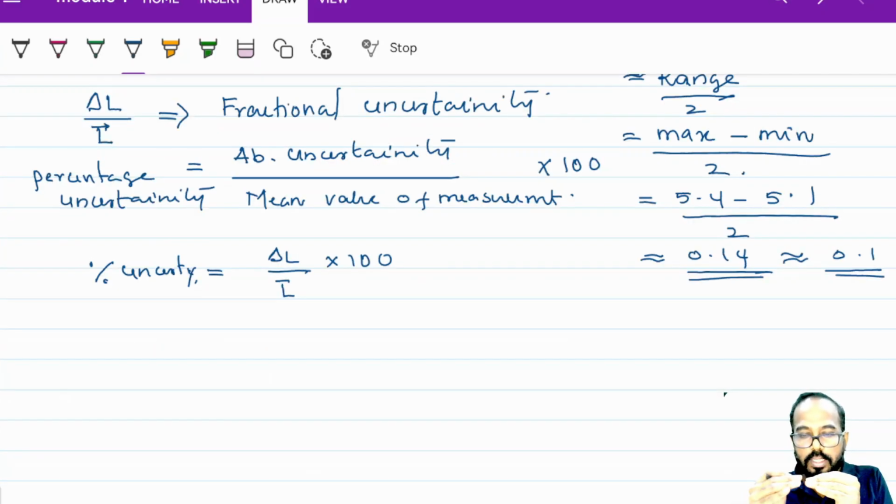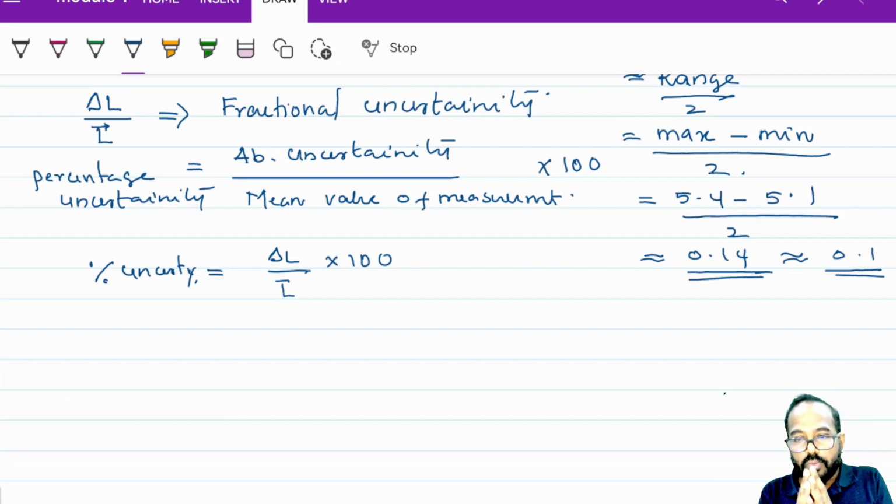What have we learned till now? First, in one single measurement, how will you calculate the absolute uncertainty? Absolute uncertainty is approximately equal to the range, maximum value minus minimum value of the measurement, divided by 2.